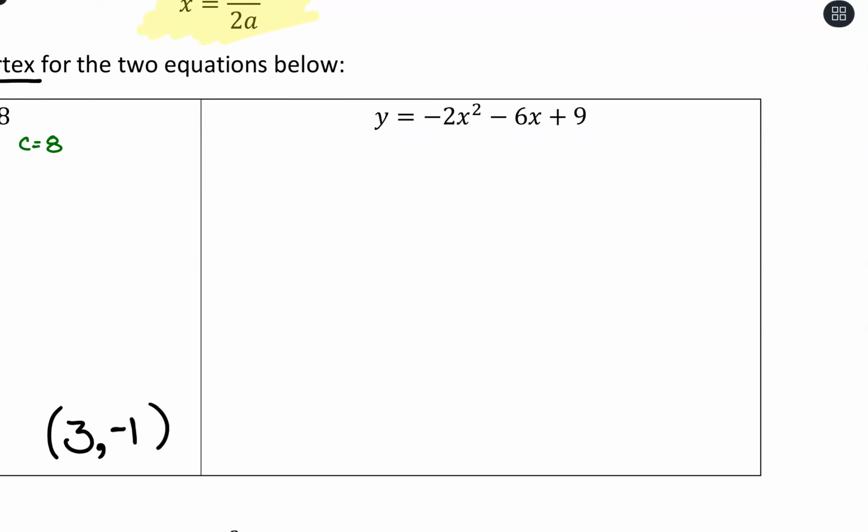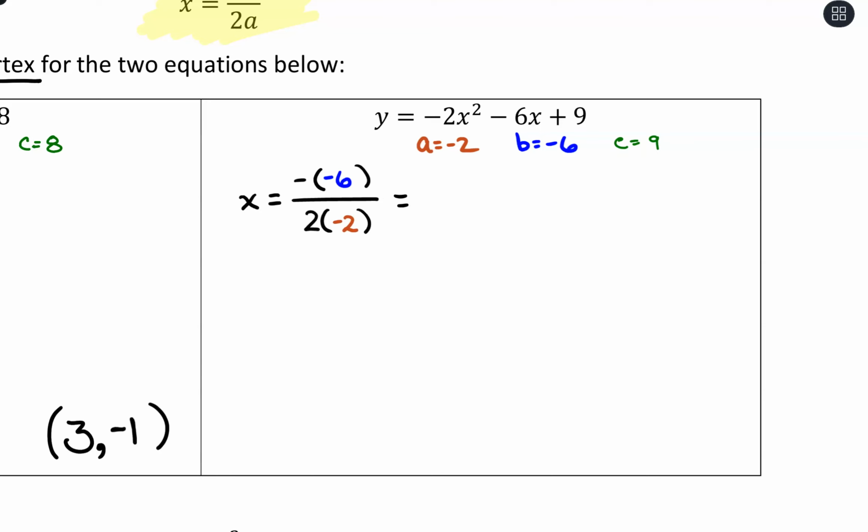Let's try that with another case here. We have a is negative 2, b is negative 6, and c is 9. Don't really need c with these, but it's good practice to just have those. So we'll have negative b over 2 times a. b is negative 6, a is negative 2.